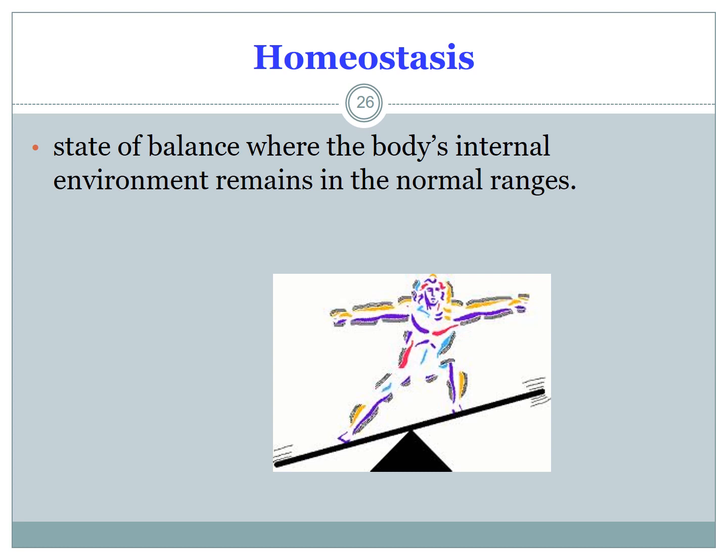The next topic that we're going to discuss, which is very important to human anatomy and physiology, is homeostasis. Homeostasis is a state of balance where the body's internal environment remains in normal ranges. In humans, there's a whole bunch of homeostatic mechanisms: hunger, thirst, blood pressure, pulse, water balance, right?